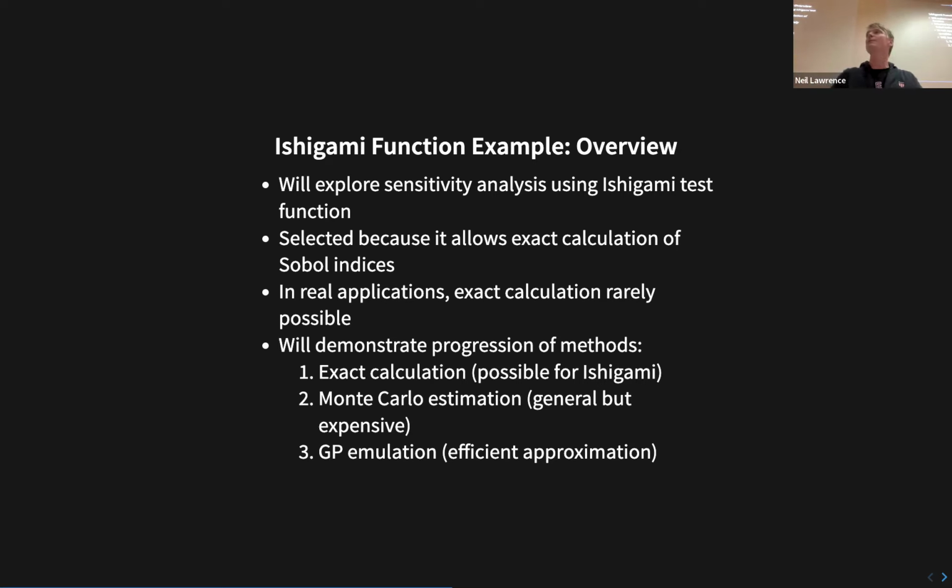And then we'll show what happens when you do the GP emulation. In the GP emulation, we're also going to be using the acquisition functions that we talked about on Tuesday in order to approximate the simulation, right? So uncertainty sampling or integrated variance reduction.